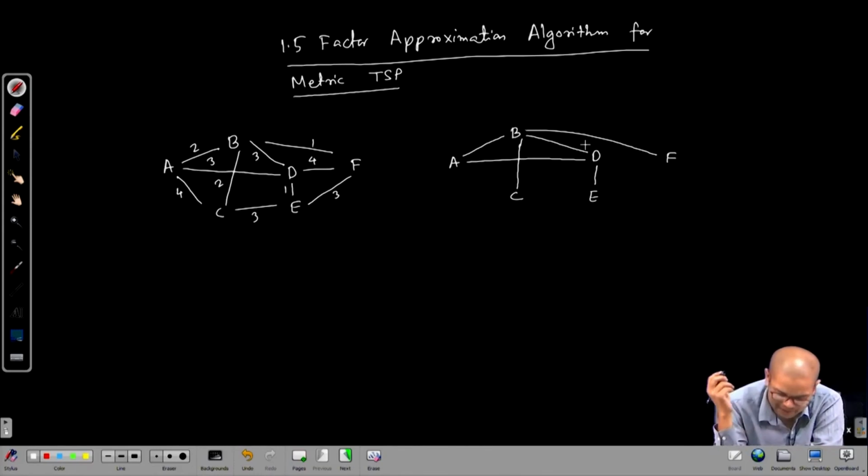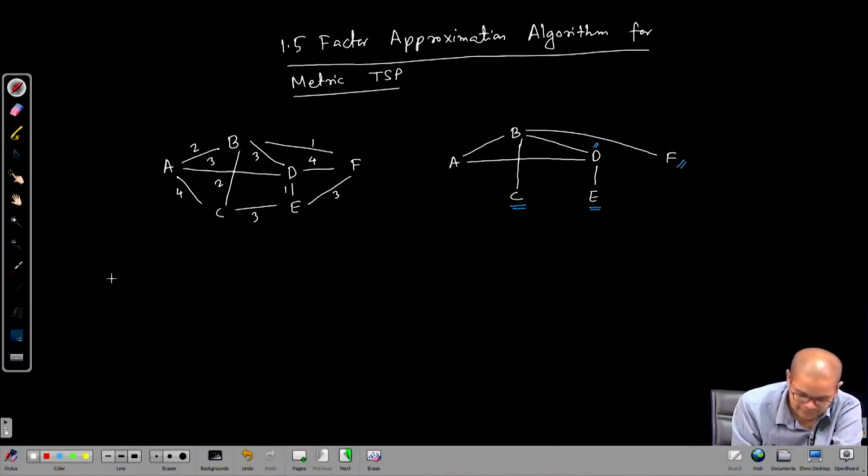What we do is that we first highlight the vertices which are of odd degree. So, C is of odd degree, E is of odd degree, F is of odd degree, and D. These are the 4 vertices.